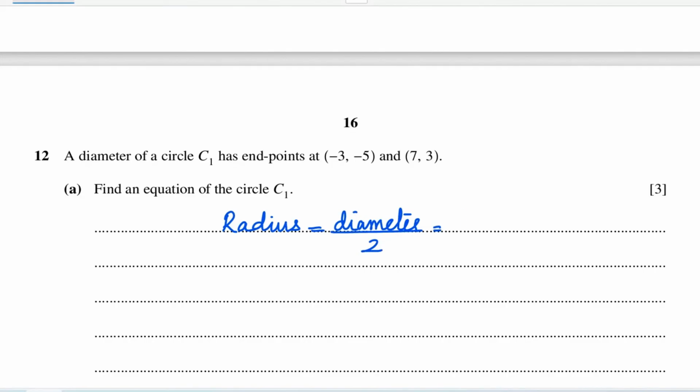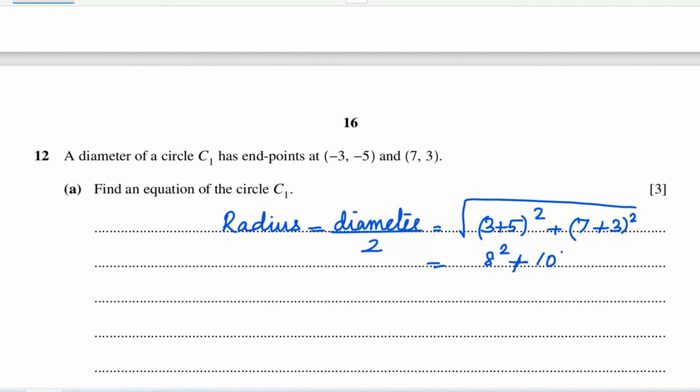The diameter is the distance between these 2 points: 3 minus of minus is plus 5 square, plus 7 minus of minus is plus 3 square, equal to 8 square plus 10 square. 64 plus 100 is 164.